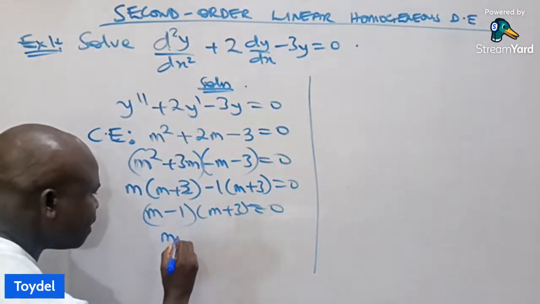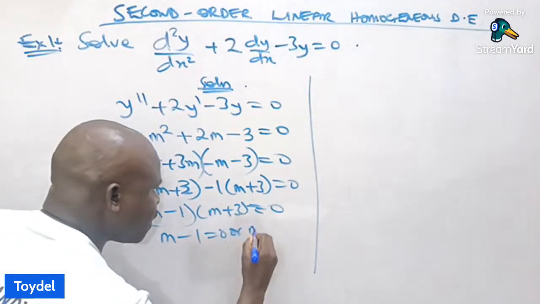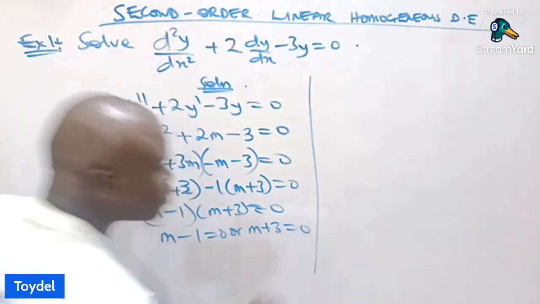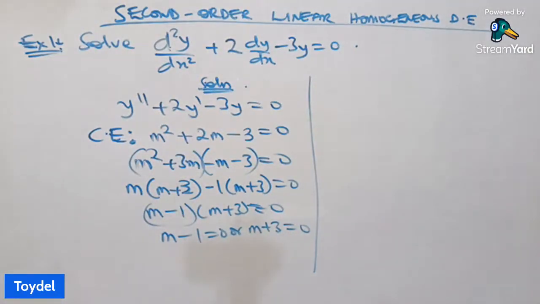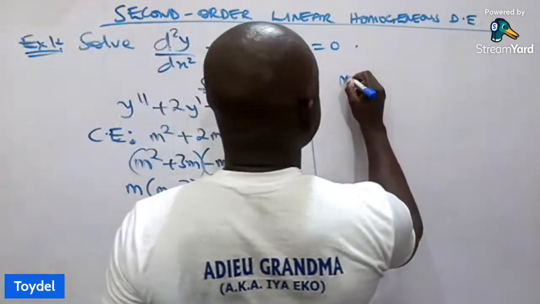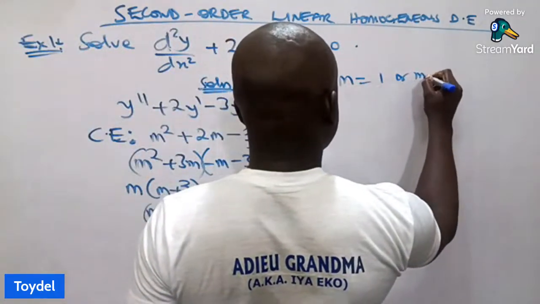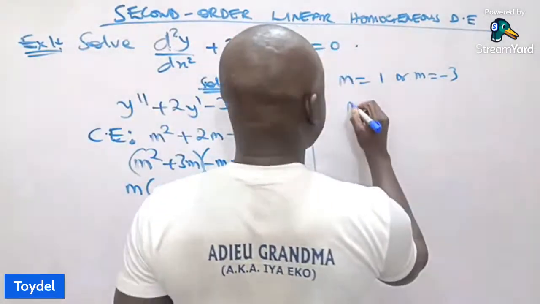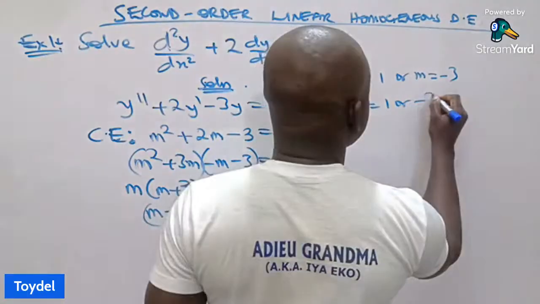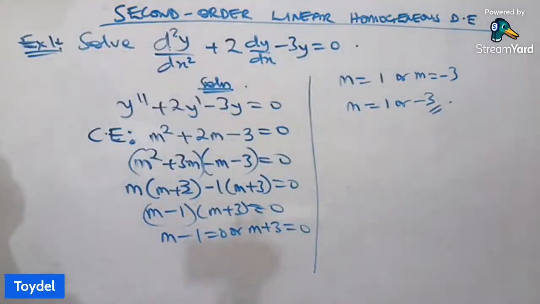Okay, so m minus 1 equals 0 or m plus 3 equals 0. This simply means that m is equal to 1 or m is equal to minus 3. So we have gotten the values of m.